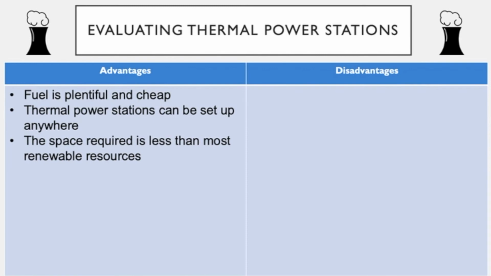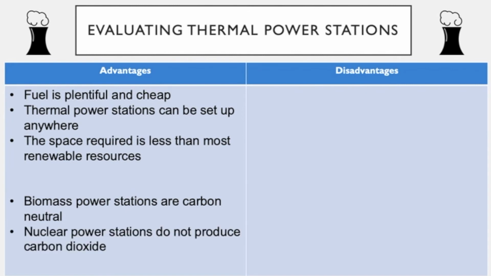So renewable resources might take a large amount of space because they can't produce as much electricity for the same kind of space. Biomass power stations are carbon neutral, so that's an advantage, although obviously fossil fuel power stations aren't. Nuclear power stations do not produce carbon dioxide at all, apart from in their manufacture of actually making the power station and getting the nuclear fuels to the power station.